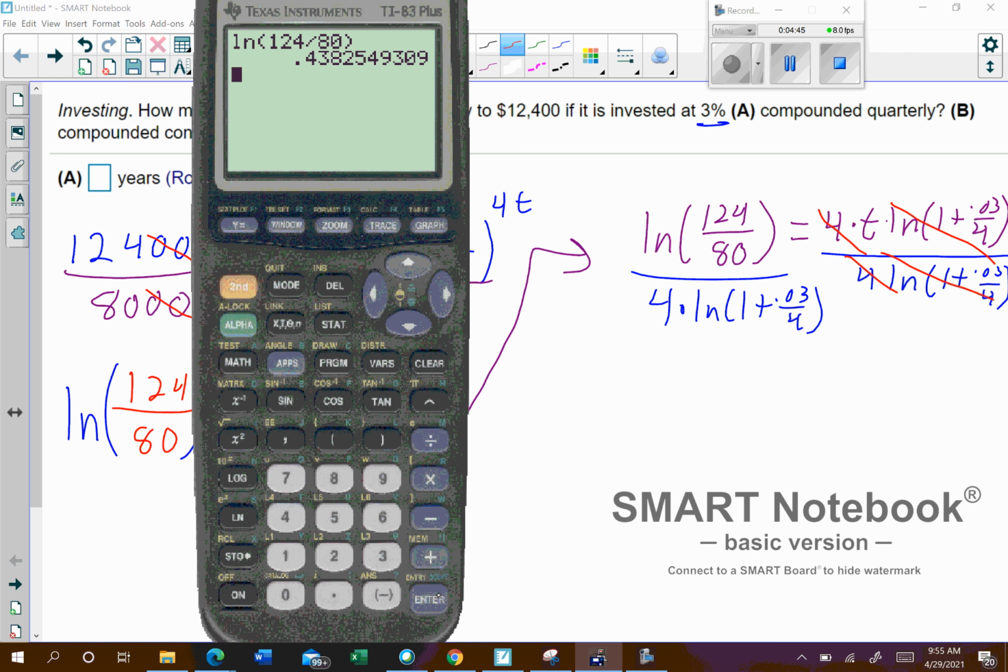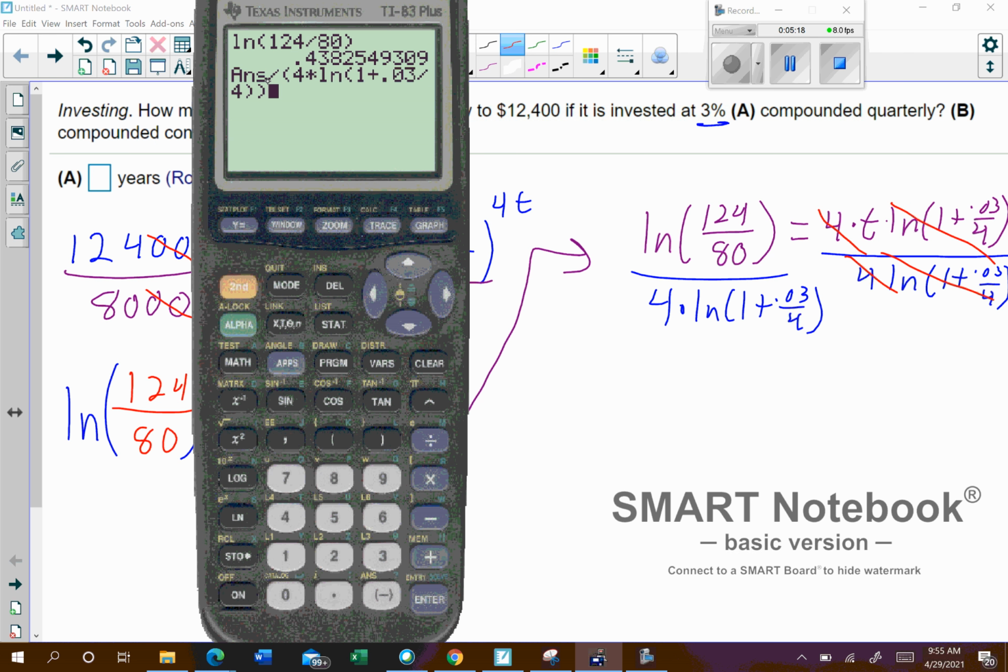What's nice about the calculator I have is that I could say divide, and it'll take my answer. Now, when I'm dividing, I have to put a parentheses, and then put the 4 times natural log, and then I'm able to type this whole thing in right here: 1 plus 0.03 divided by 4, and then I close that parentheses and then close the original one that I opened where I was dividing my answer.